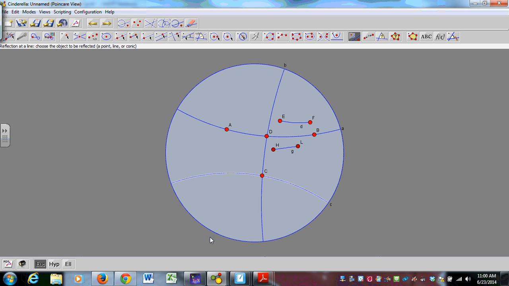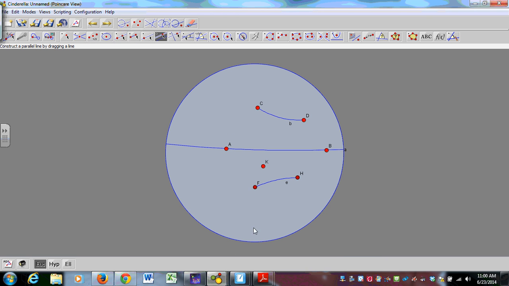The question is, what happens if this is one of my parallel lines and the other line is asymptotically parallel to the first? So CD reflected over AB ended up down here at FH.